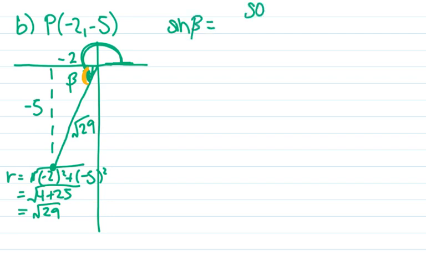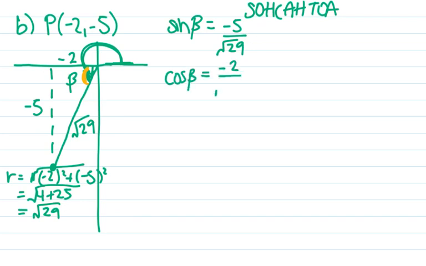So again, SOHCAHTOA. So opposite of beta is -5 over the hypotenuse is root 29. Cos beta is adjacent, which is -2 over hypotenuse, which is root 29. And tan beta is opposite, which is -5 over adjacent, which is -2.